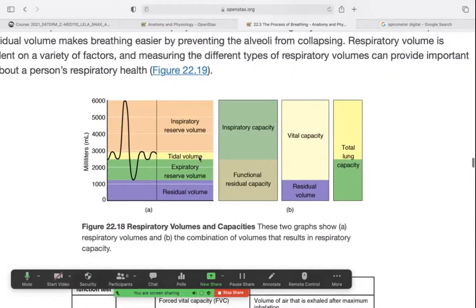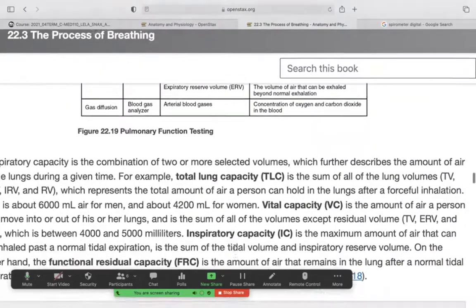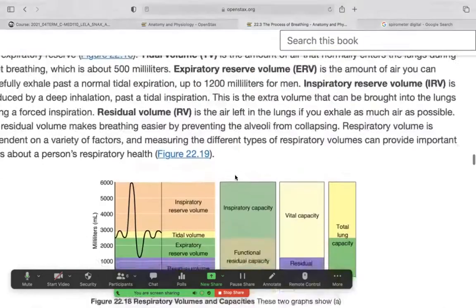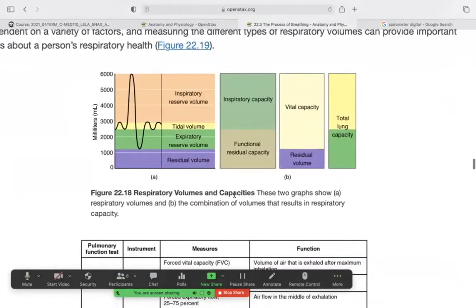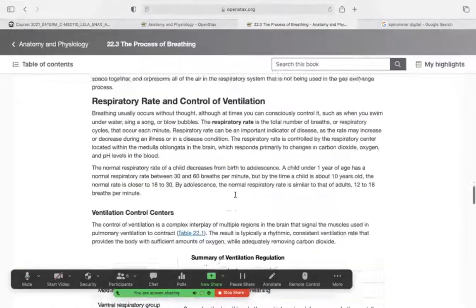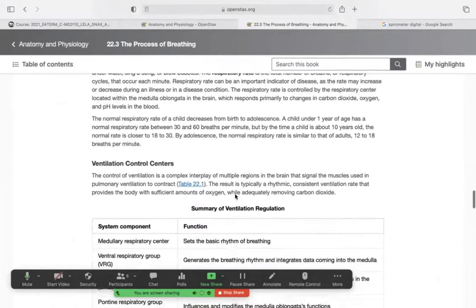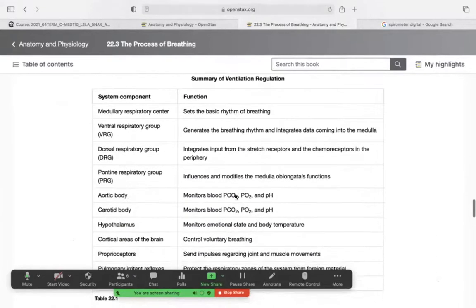And this is called spirometry. For me, it's nice to know, but the other stuff we talked about is a little bit more important. But if you're interested in pulmonary medicine in the future, you've got to know all these.